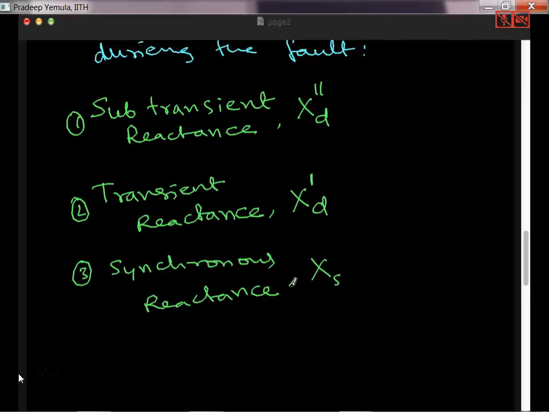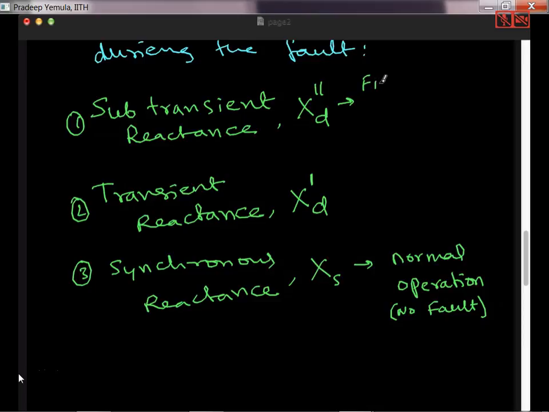So synchronous reactance is under normal operation, when there is no fault and your generator is operating under normal conditions. At that time the reactance of the generator is represented as Xs. Now Xd double dash is the reactance under fault condition.